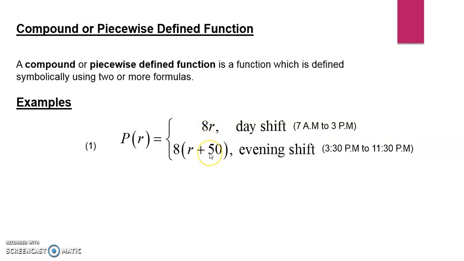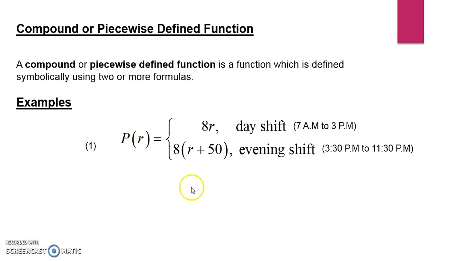Another equation may define the rate of pay for the evening shift, that is from 3:30 p.m. to 10:30 p.m. The equation for this shift is P of R equals 8R plus 50. We can combine these two equations to create a compound function. Now the two equations combined make a compound function, that is P of R.